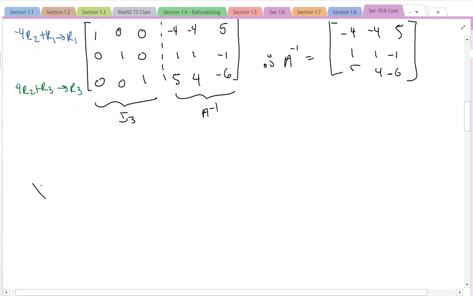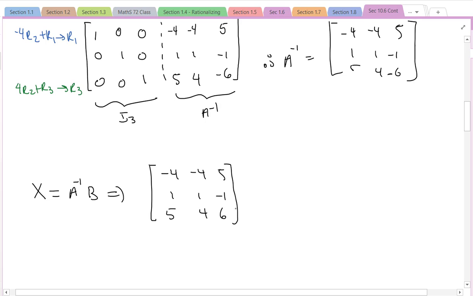So now the matrix X is equal to A inverse times B. So that means that I'm going to have A inverse, -4, 5, 1, 1, -1, 5, 4, -6, times the matrix B, which we said was 7, 0, negative 2.